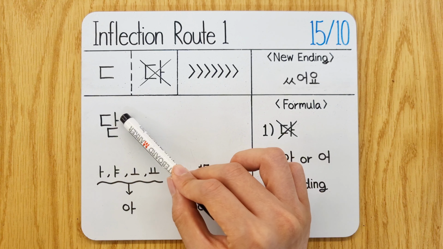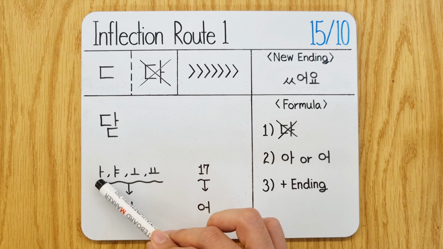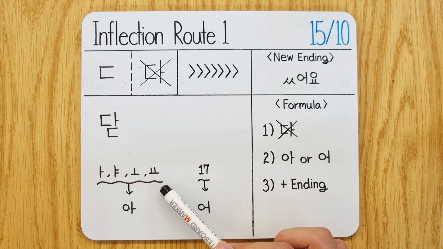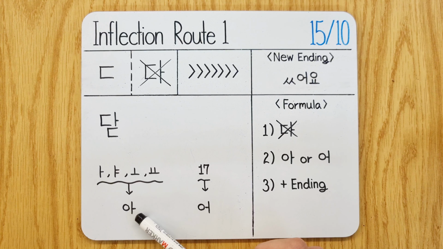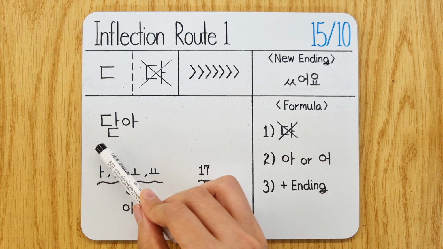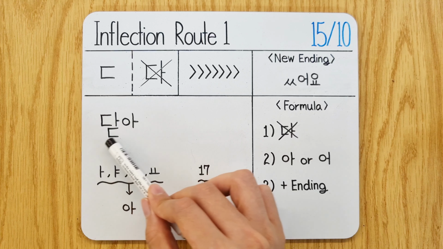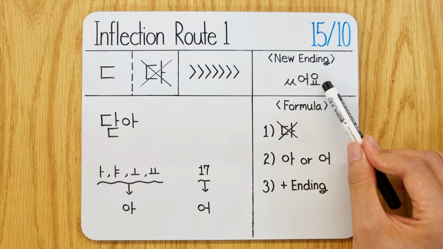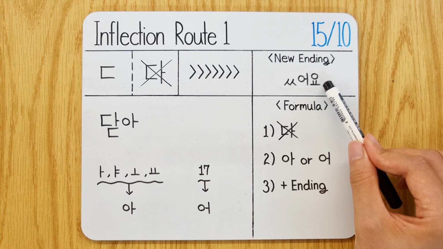Right now, we do have a, which is one of the 4. Therefore, the irregular middle section will look like a. So according to step number 2, now we have 닫아. And then, according to step number 3, we can attach the new ending that we want to use.